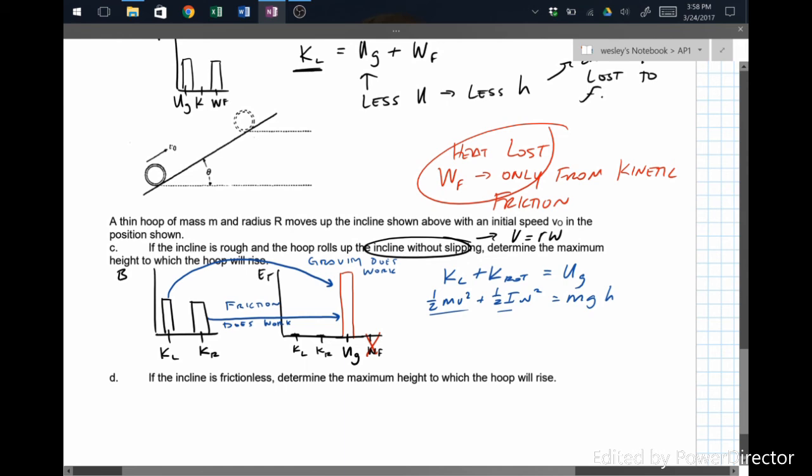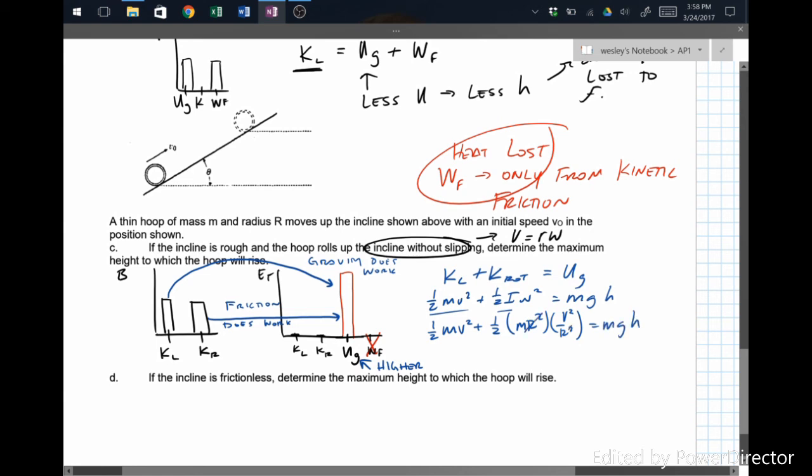So even before we go into this, I'm going to have more height at the end here because I have more energy I can put into gravitational potential energy. So 1/2 mv squared plus 1/2, and this is a wheel, a hoop, so mr squared, and then omega squared is going to be v squared over r squared, equals mgh.